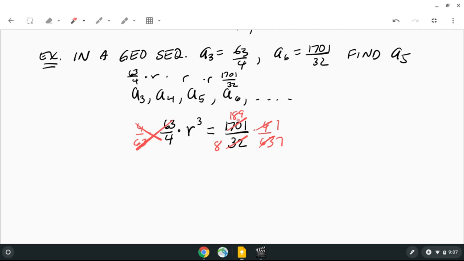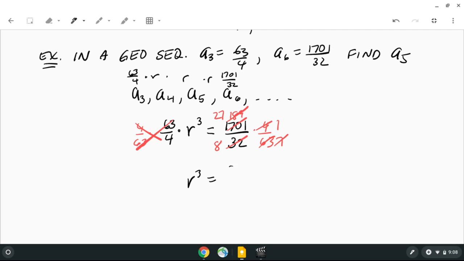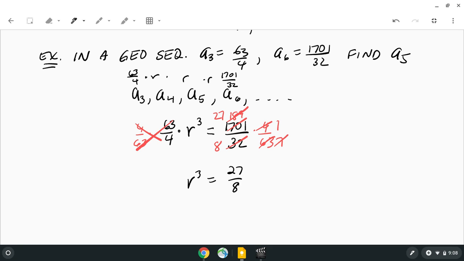Then this is divisible by 7. 7 will cancel out here, and 7 goes into 189 27 times. Let's write this out on a new line where we have room. I get r cubed is equal to 27 over 8 once I did all my cancellations.